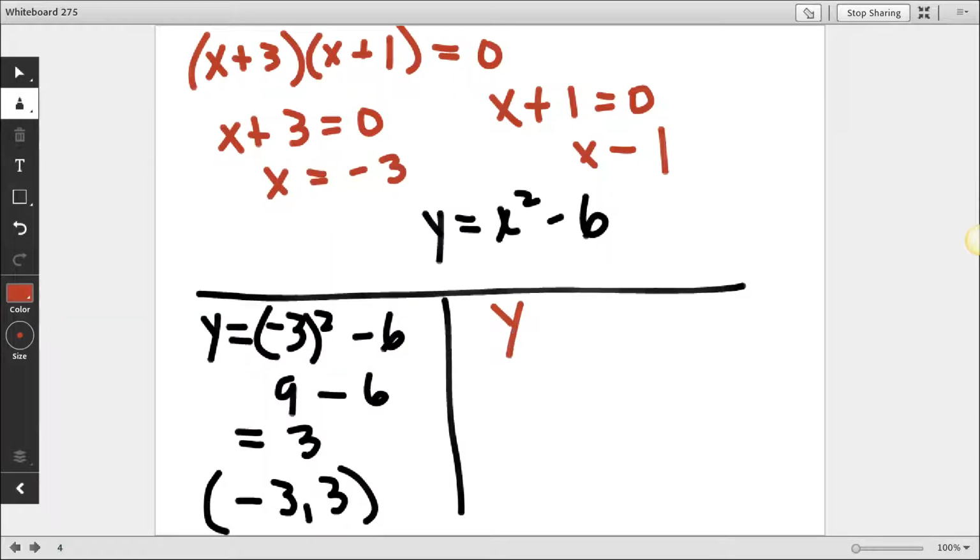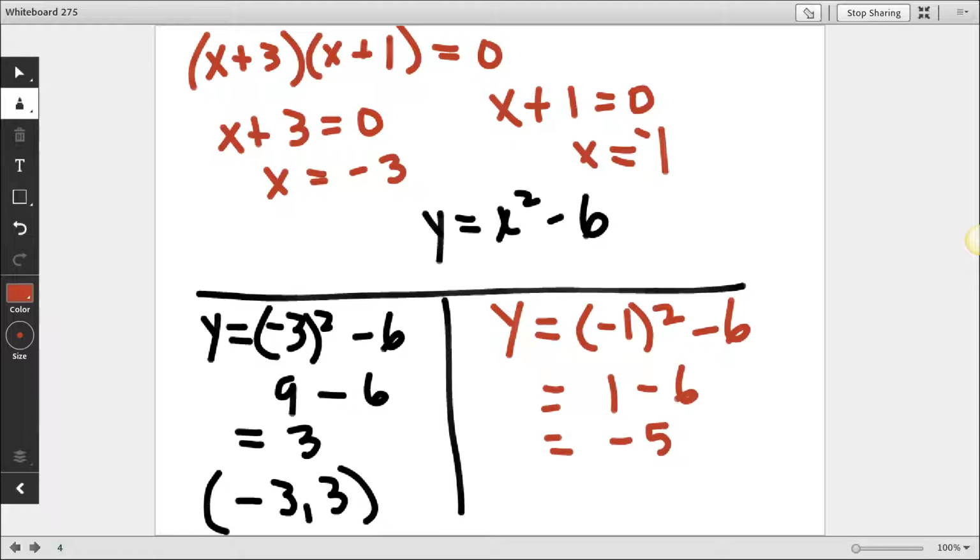This time I'm going to replace x with negative 1. Negative 1 squared is 1. 1 minus 6 is negative 5. So my second solution will be negative 1, negative 5. And so there's your 2 solutions.